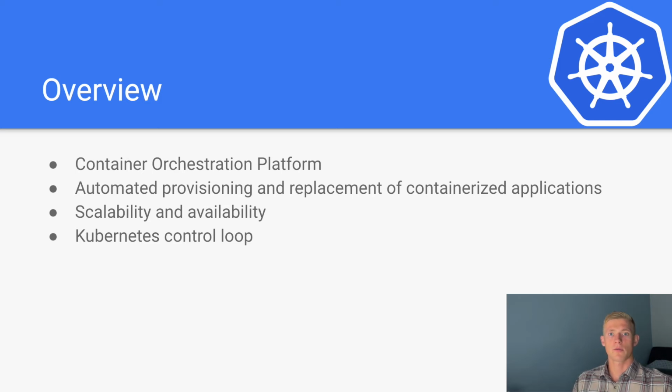Another thing to understand with Kubernetes is that it constantly runs in a control loop. So what does that mean? You can think of an example like a thermostat in your house. So you set what you want the temperature to be. So let's say you want it to be 25 degrees in your house. You set that parameter. The thermostat monitors the current temperature, and then based on whether it's too warm or too cold, it will either trigger the heating or not trigger the heating.